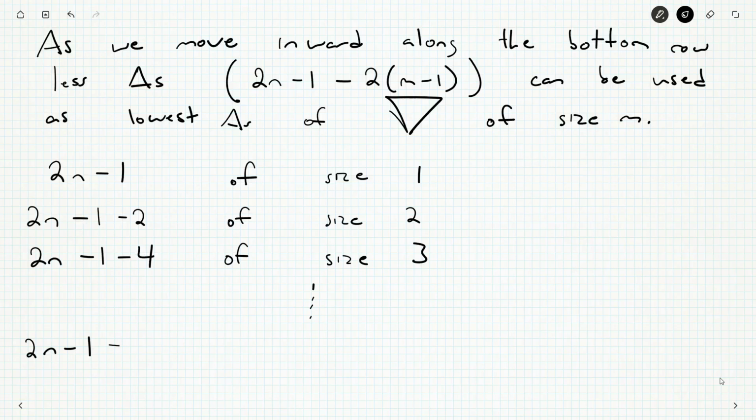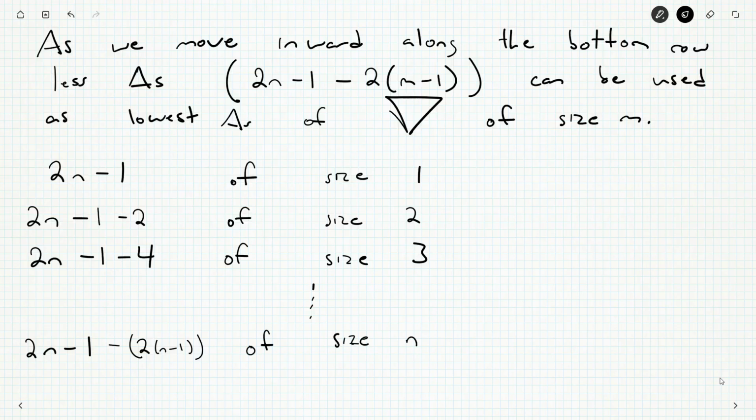And so here's the real question. What's the most we can have? 2n minus 1, I think, of size n.